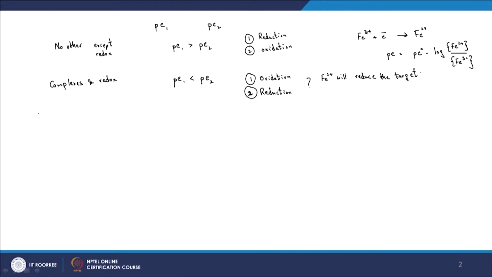So when we analyzed that scenario, we considered precipitation and complexes, in conjunction with the redox process. We saw that P1 was far less than P2, right, indicating that for those conditions Fe2+ is a strong reducing agent, right?